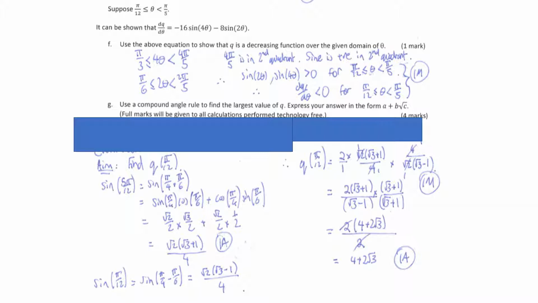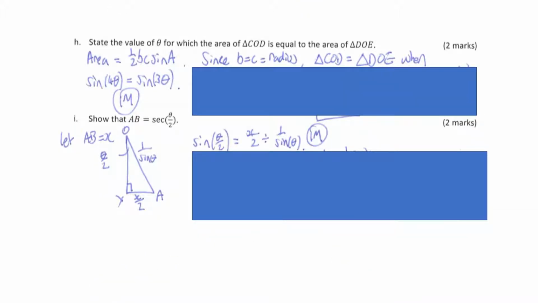Okay, all good. All right, H, state the value of theta for which the area of COD is equal to the area of DOE. So adjacent triangles subtended at the center using edges of the pentagon. Now, of course, what I was hoping you would do is realize, well, what's the area of a triangle? Half bc sine A, because we're dealing with the radius in both cases.